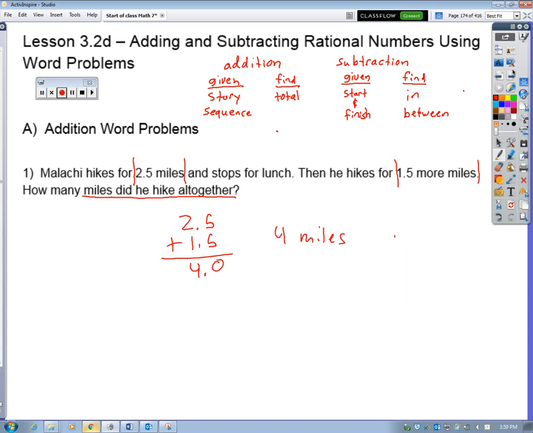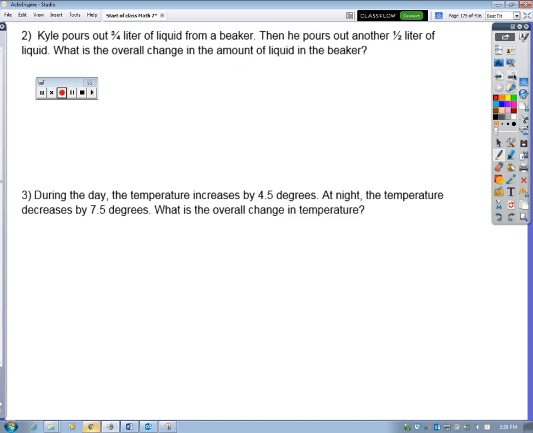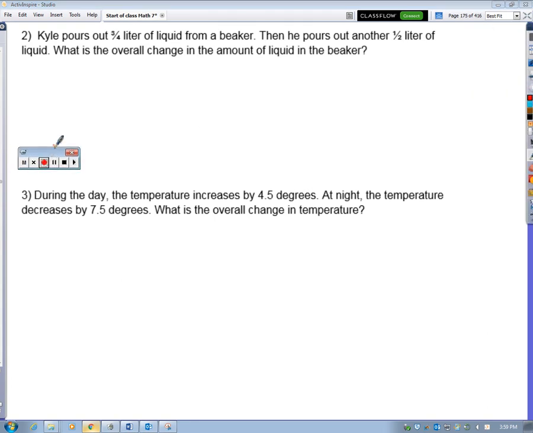This is also going to be an addition problem, and see if you can spot the story of this. We have Kyle pours out 3/4 liter of liquid from a beaker. So I'm going to put some brackets around that. Pouring water or pouring liquid out, you're losing, so that's going to be negative.